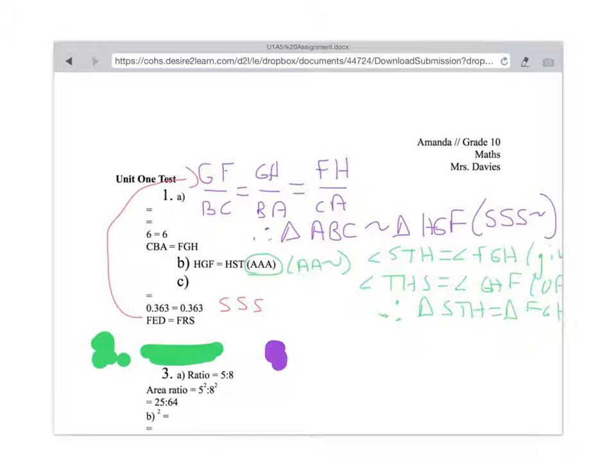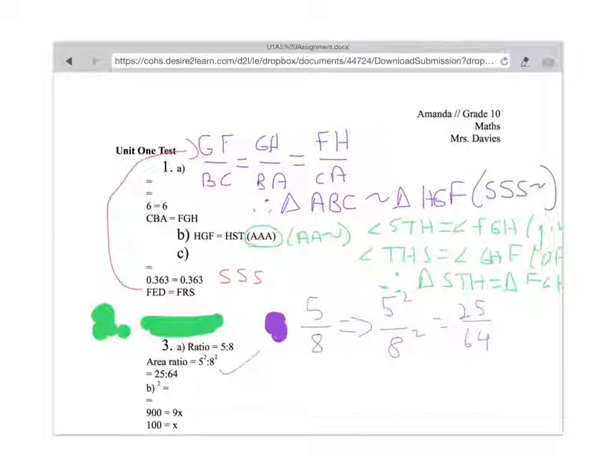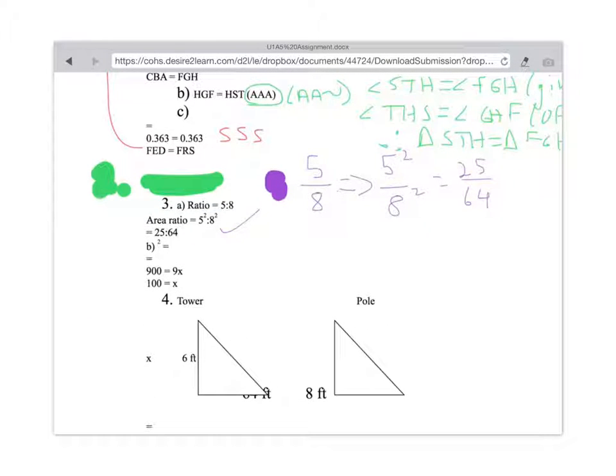If the ratio is 5 to 8, then the ratio of those areas is the square of the components of the first ratio, 5 squared to 8 squared, or 25 to 64. So you've done that one perfectly. Looking at B, you were asked to use that relationship in order to solve for x, and you did that perfectly. X equals 100.